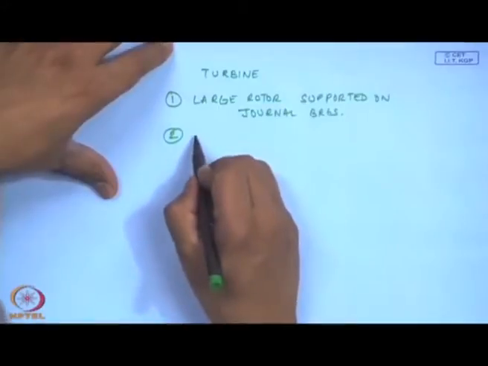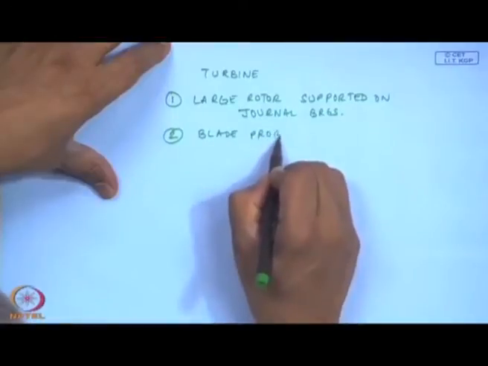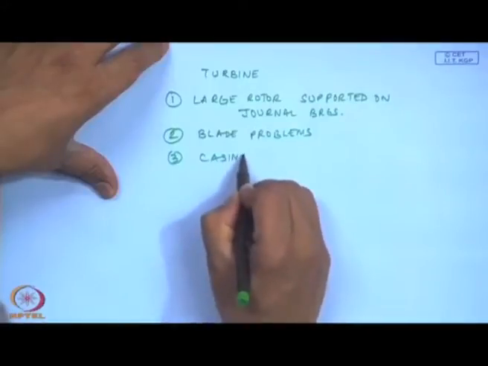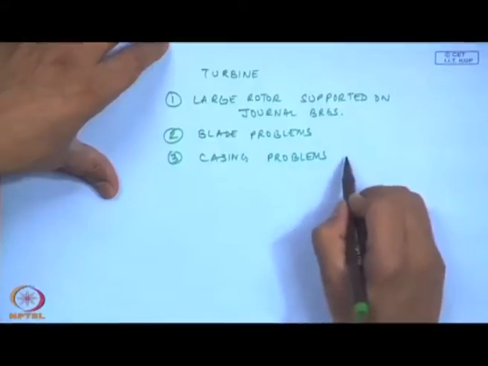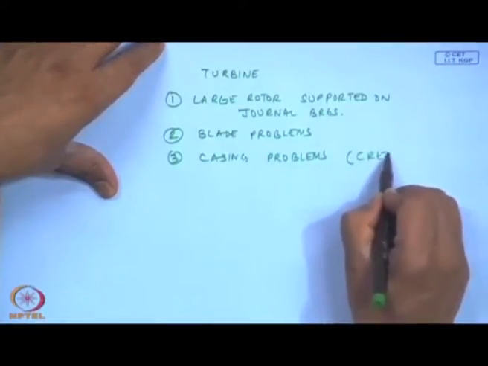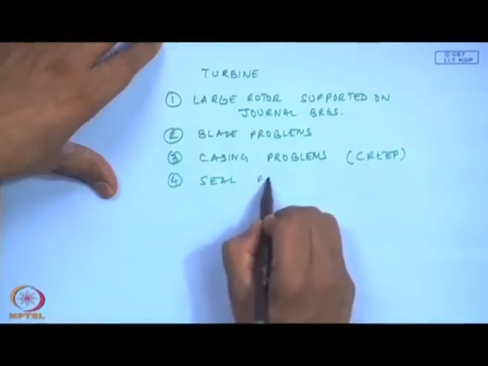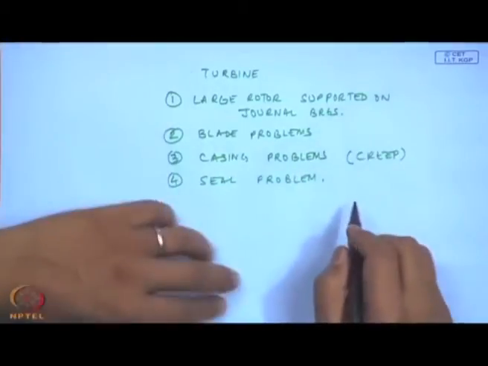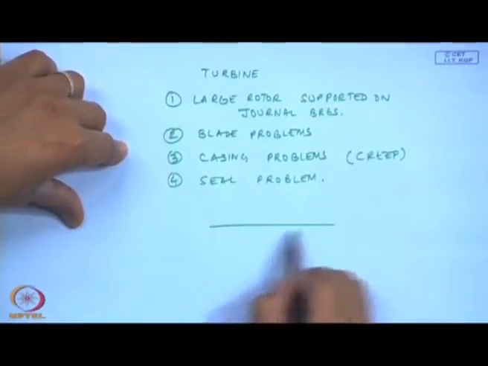And usually all the phenomena, of course, in the turbine there could be blade vibrations, there could be blade problems, there could be casing problem, casing defects. Because of high heat there could be creep, etc. There could be seal problem, because we would not like the seals to leak, and so that the steam passes out through the shafts.